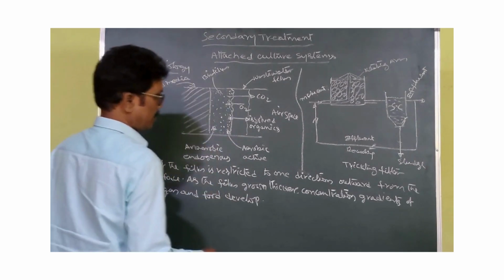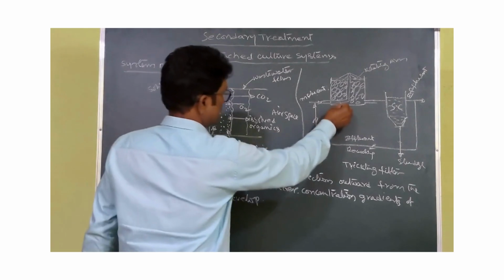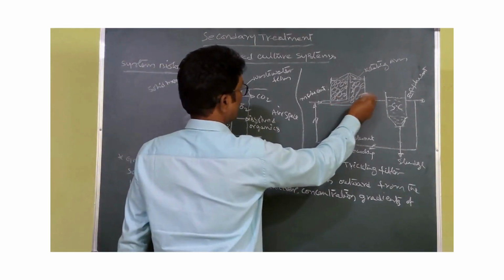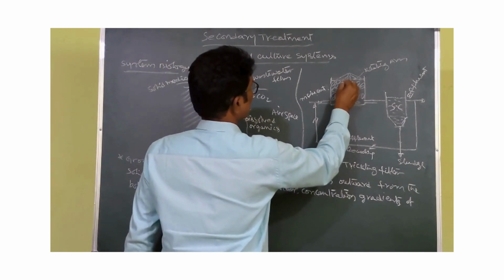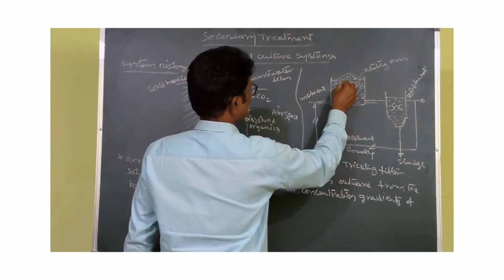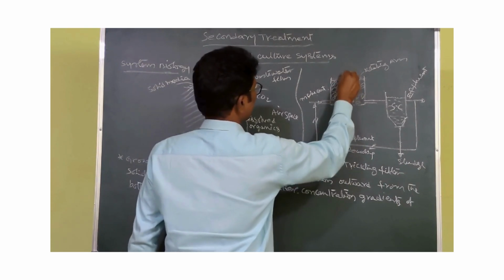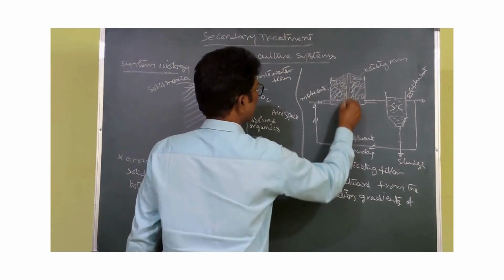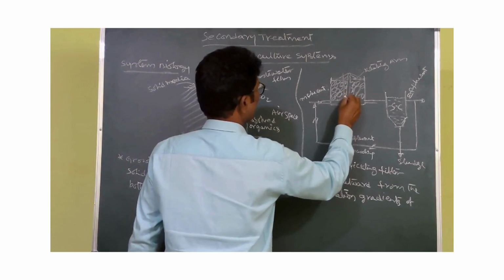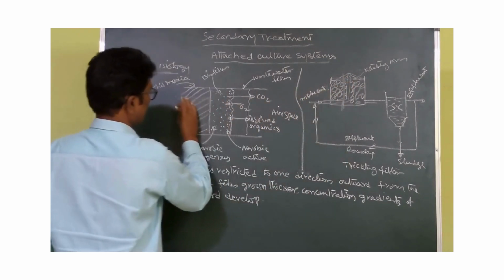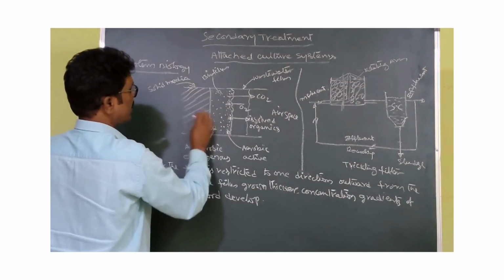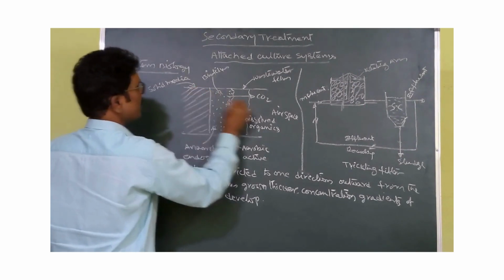I have given a graphical representation here. You see that this is the trickling filter, we know that already, I have explained. These are all, let us assume, rock, something like gravel. If you take a cross section here, it is developed and rearranged here. This is the solid media.